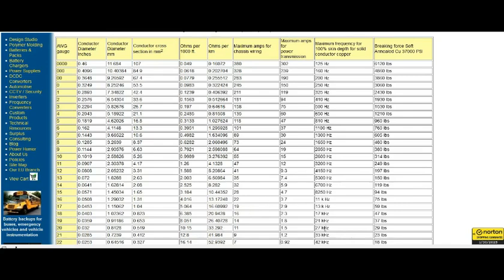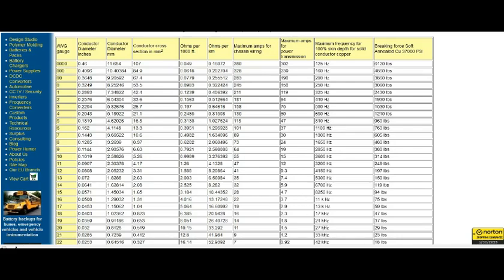So what that means in practice, and we could go through all the equations, but there's no need to, is that I said 27 hertz, I meant 27 kilohertz. At 27 kilohertz is where the resistance begins to increase for 20 gauge wire.